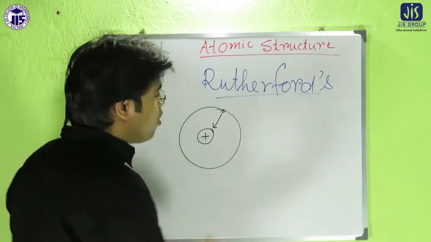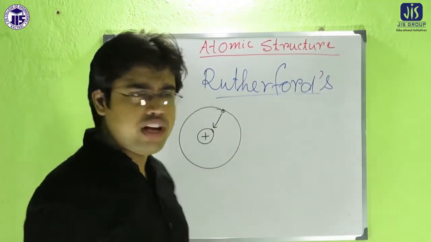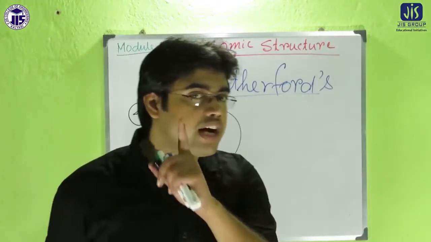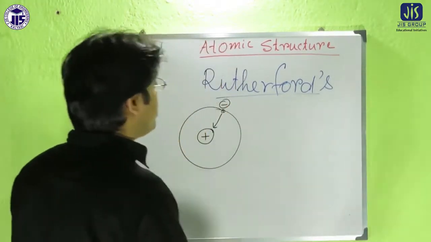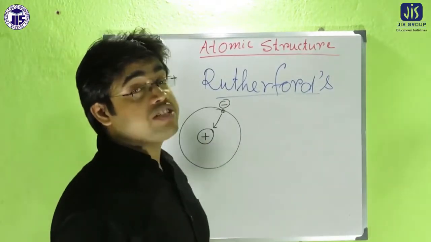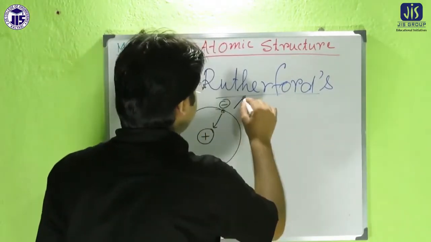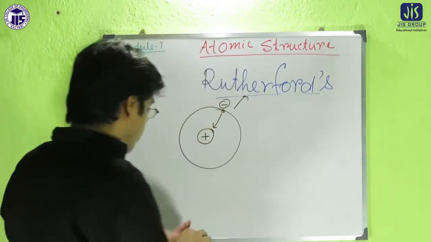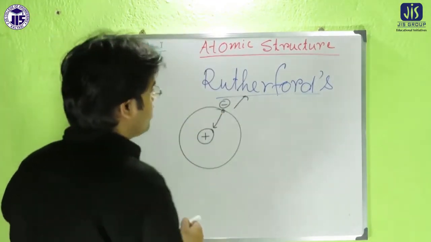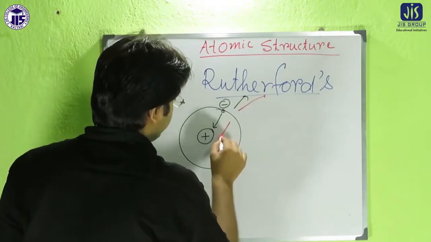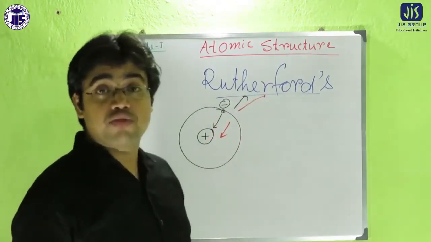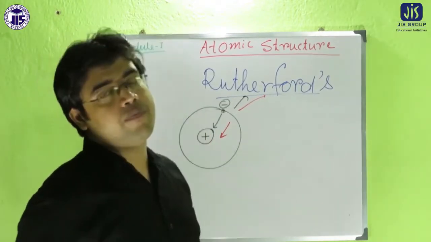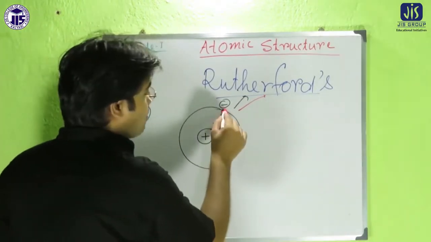There is an inward Coulombic attraction force, between the negative charge and the positive charge, and there is also a centrifugal force acting in the outward direction. According to Rutherford, the outward centrifugal force and the inward Coulombic attraction force are exactly equal and opposite, and that's why atoms are stable.